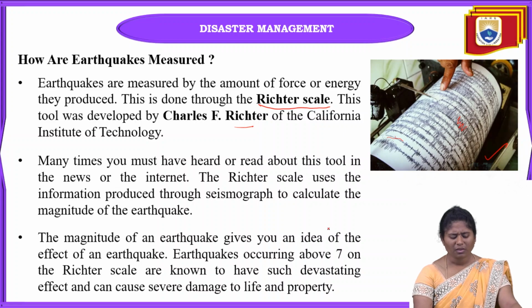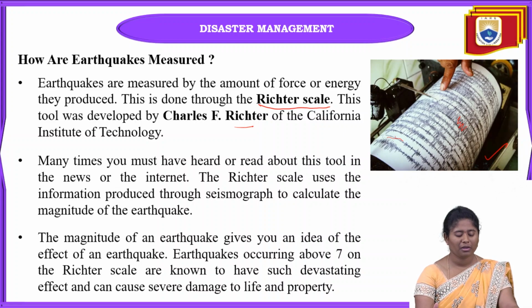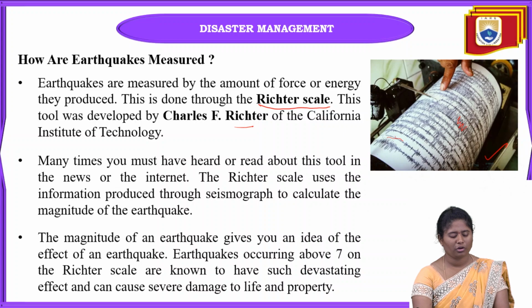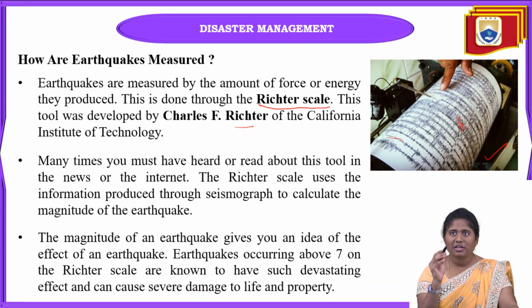The magnitude of the earthquake gives an idea of the effect of an earthquake. Why? Because if we know the magnitude, for example above 7, we can easily predict the effect of that earthquake on the Richter scale.